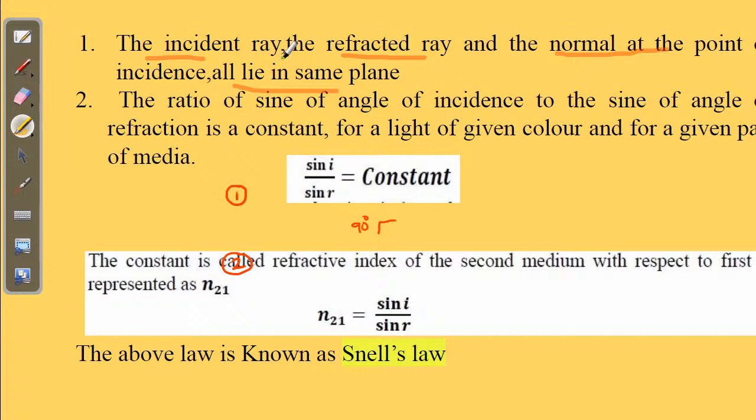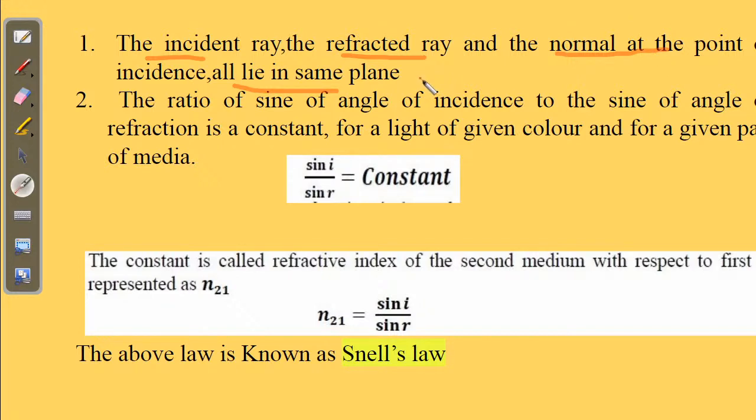Here the reflected ray is replaced by the refracted ray. So the first statement is: the incident ray, the refracted ray and the normal drawn at the point of incidence all lie in the same plane.